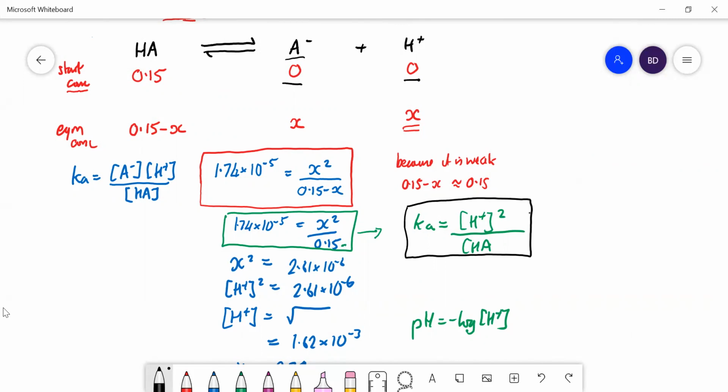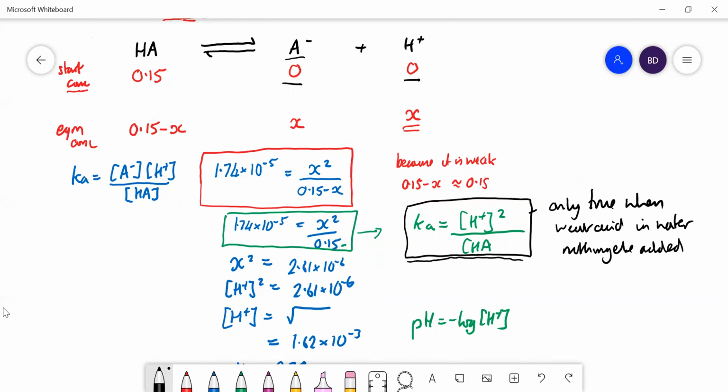So this is only true when it is a weak acid in water with nothing else added. We do a load of calculations later on with buffers, where you do add stuff, so you can't use this expression. So this expression is not always true at all.